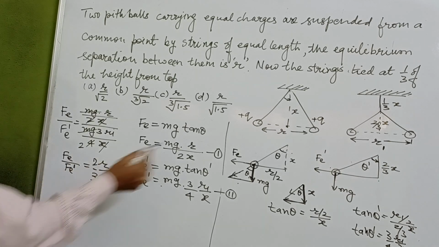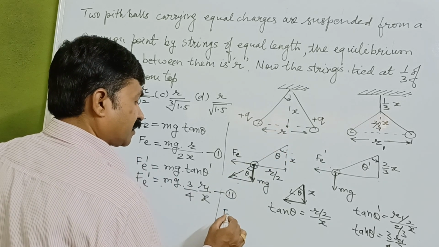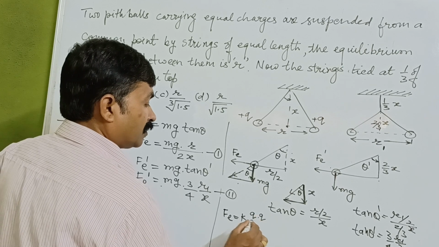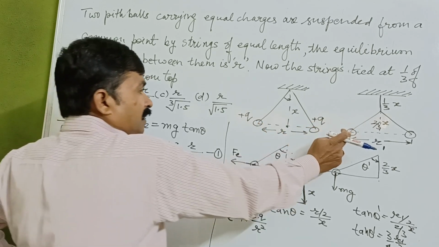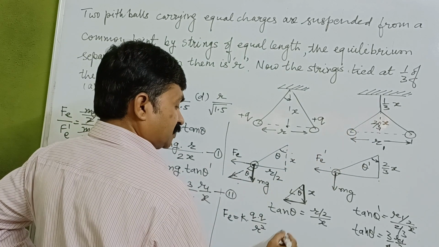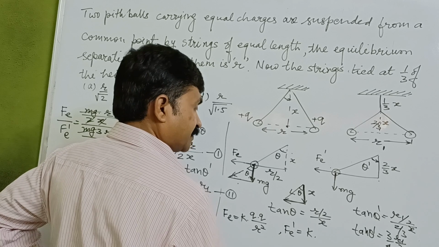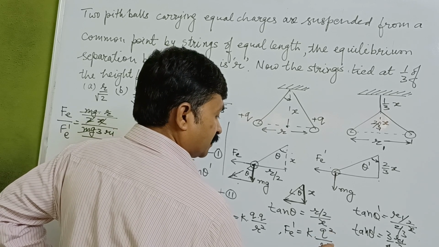Now if we go with the electrostatic force which is acting here, the electric force will be given by k times q into q upon this distance, that is r square. Similarly here, the electrostatic force which is acting will be given by Fe dash, k times q square upon r1 square.